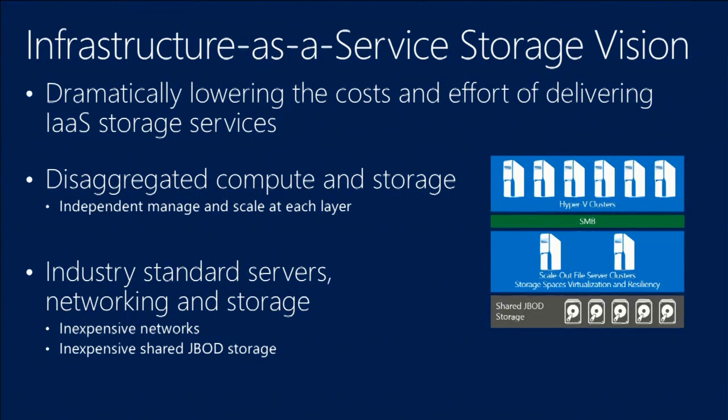And behind that scale-out file server, you have JBODs, just a bunch of disks. So raw disks exposed directly to the file servers, okay? With that, you get industry standard servers, industry standard networking, industry standard storage, and the lowest possible cost for a solution that performs well and is highly available, okay?